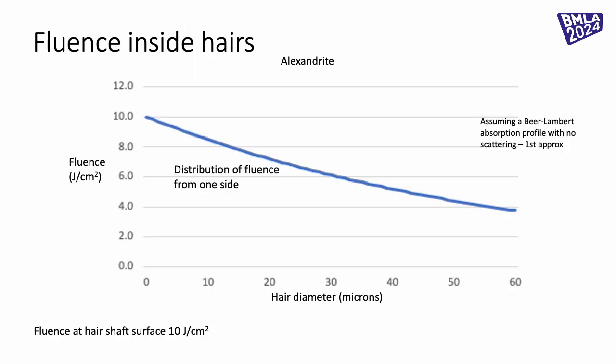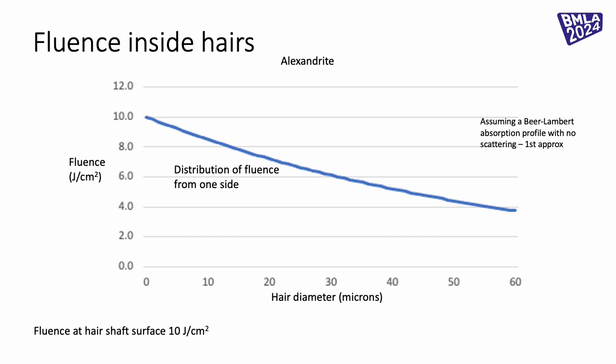So we have fluence surrounding this hair, and in particular this hair diameter. The fluence at that point is 10 joules per square centimetre. It doesn't matter what the depth is, we can account for depth in a later calculation. Assuming a Beer-Lambert absorption profile with no scattering as a first approximation, the fluence distribution inside a 60 micron hair looks like this.